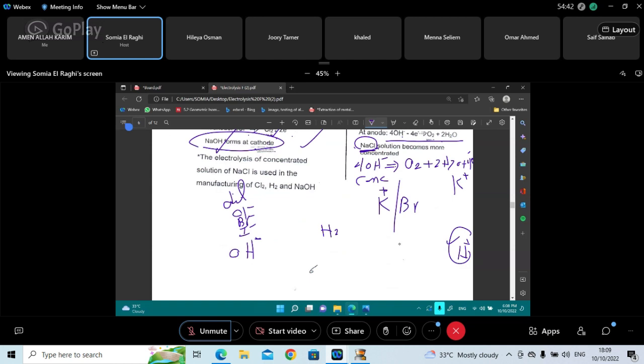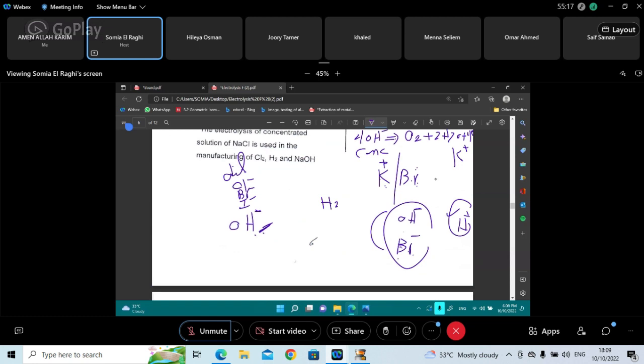For concentrated, we have too much from the salt. So even if you have iodide, potassium iodide instead of potassium bromide, this one is always in the bottom and OH in the top. It is concentrated, which means I have too much from the salt itself. If you have dilute, that means too much water, I have a lot of OH. Alright? Simply write down the equation now.